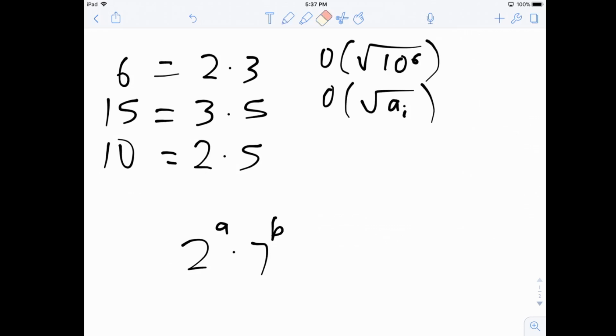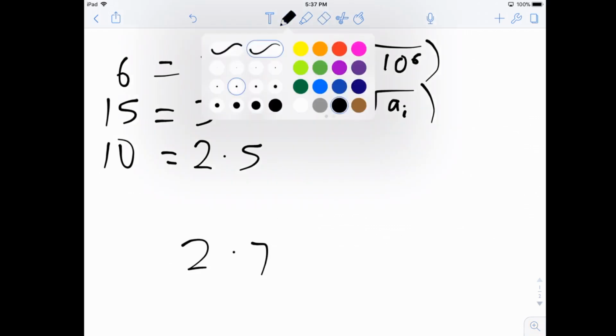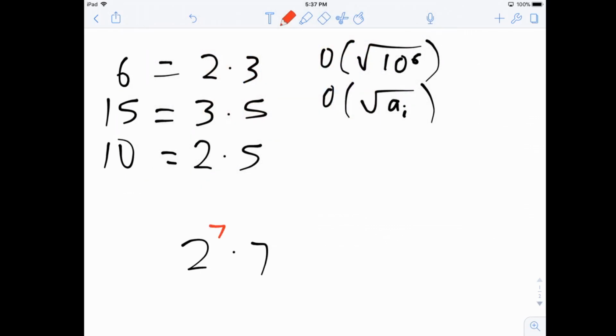So let's just say a here equals 7 and b here equals 2. Well, if b equals 2, then we can simply remove this term because it's an even power, so it's a square. And 2 to the 7 can be converted to 2 to the 1. So if it's even, we can just remove it because it's already a perfect square. If it's odd, we can remove 2 to the 6 because that's a perfect square.